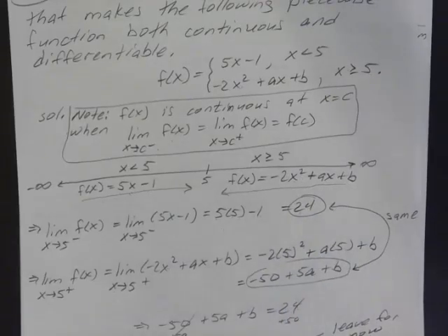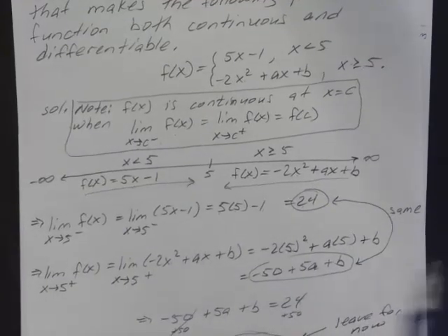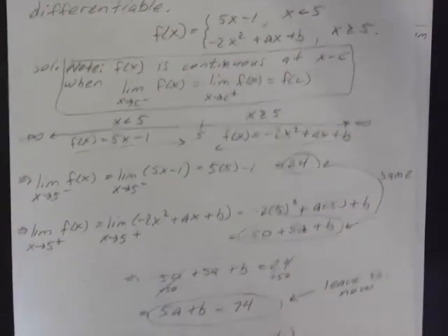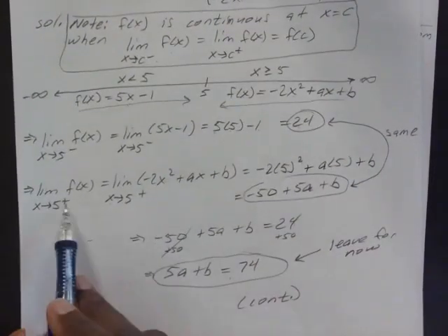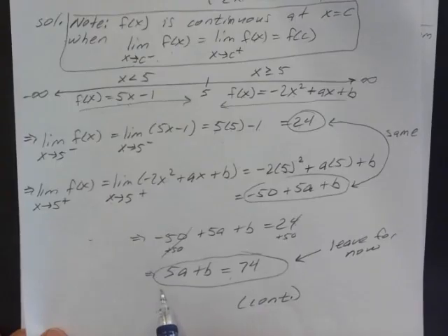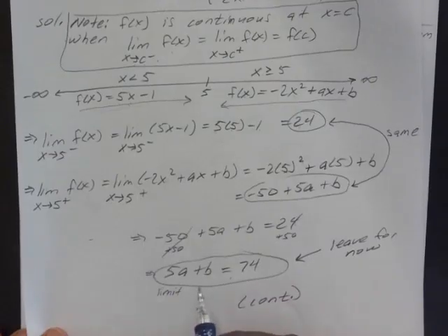And our f of 5 is still, where is it? 24. Nope. Actually, nope. Uh-oh. From the right, it's right here. I'm looking at the wrong one. So this is your limit from the right.